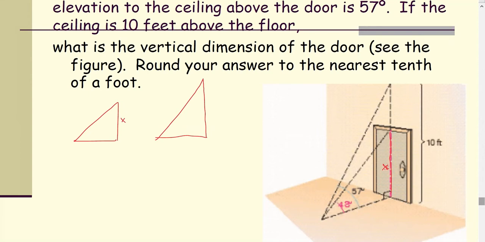The height of the door, which is x, is the opposite side of the angle 48 degrees. And the height of the bigger triangle, the side opposite to 57 degrees, is 10 feet. Both of them have a common base.